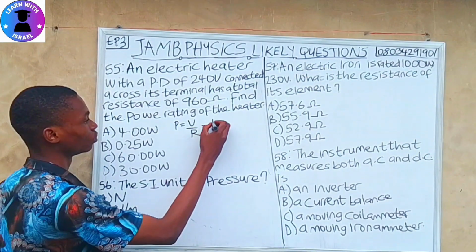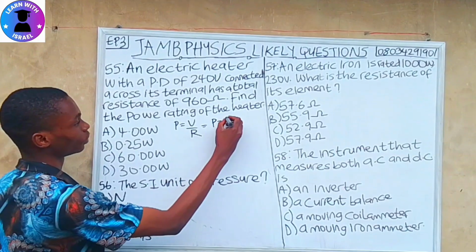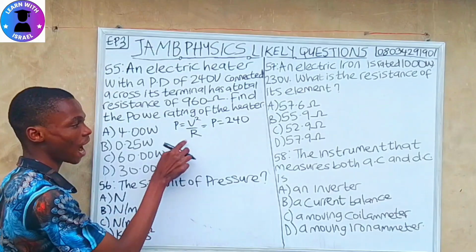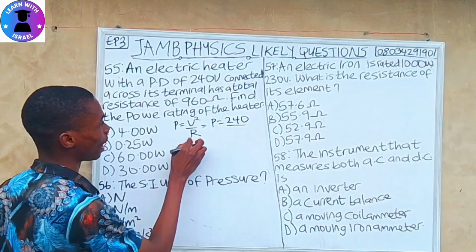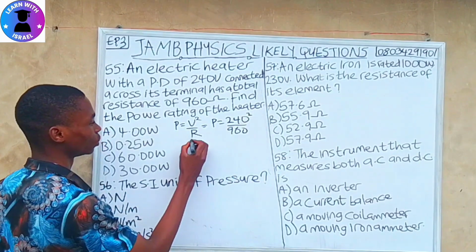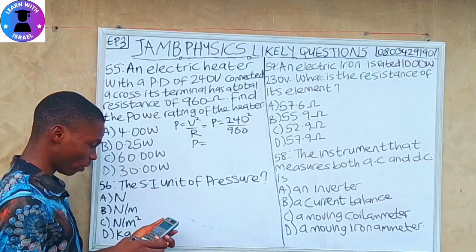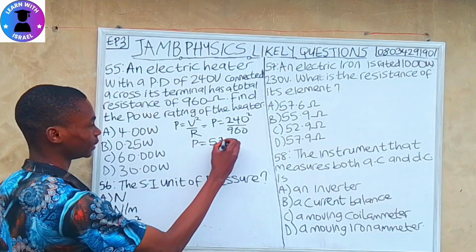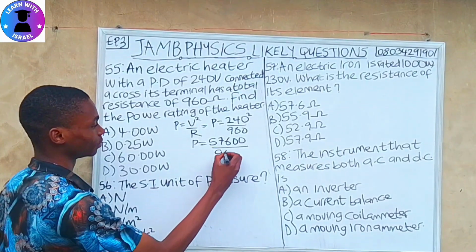P equals V squared over R. Don't forget to put the square. P equals 240 squared over 960 ohms. 240 squared is 57600, all over 960.